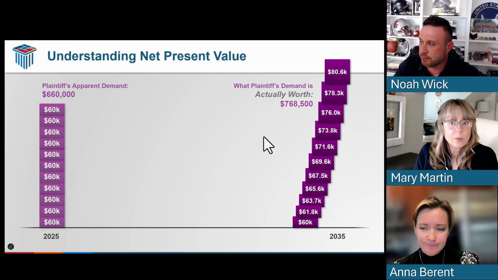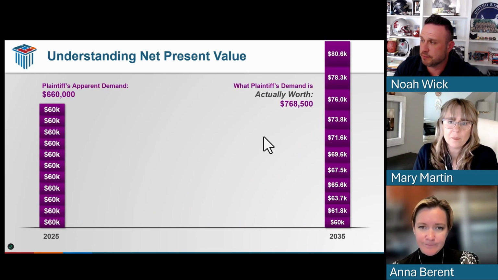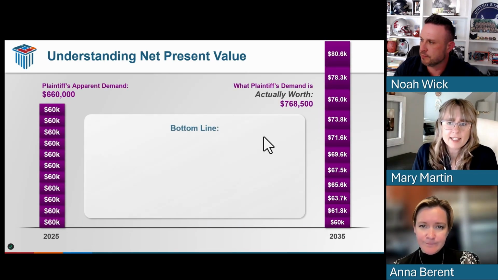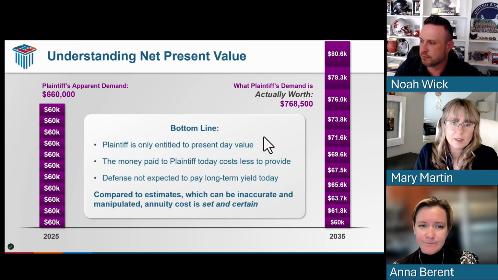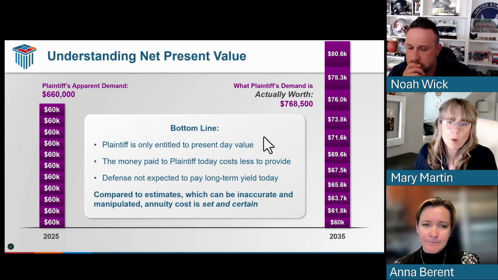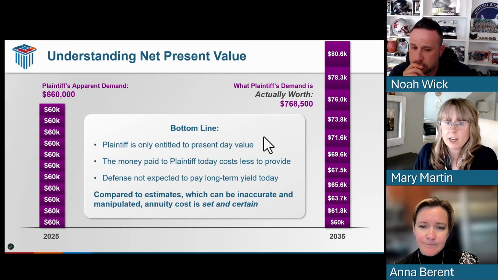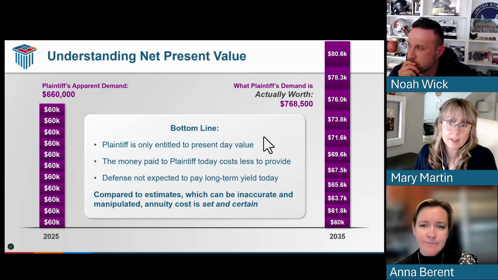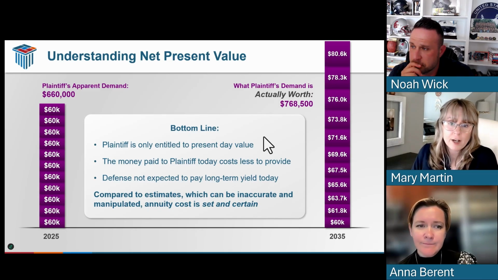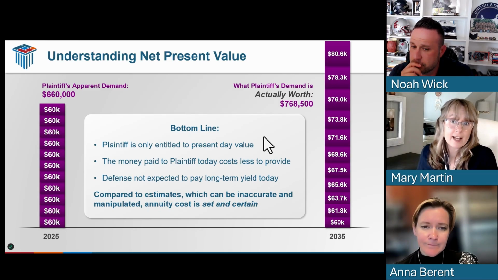And I'm so glad we included this because it highlights what we would be providing by actually purchasing that $60,000 a year with increasing benefits for inflation. And we can provide that long-term yield at a lower cost.